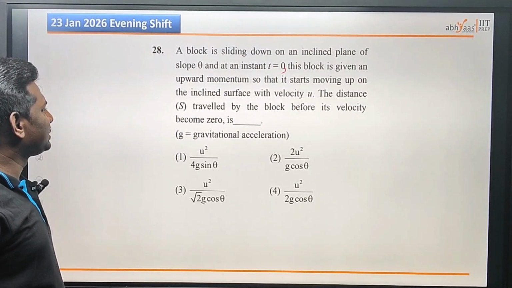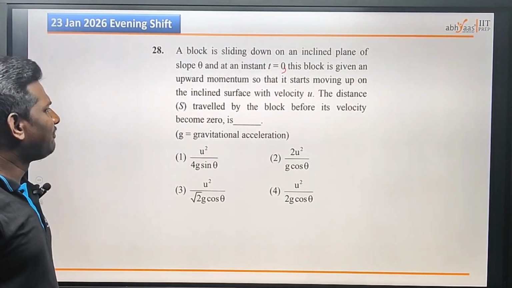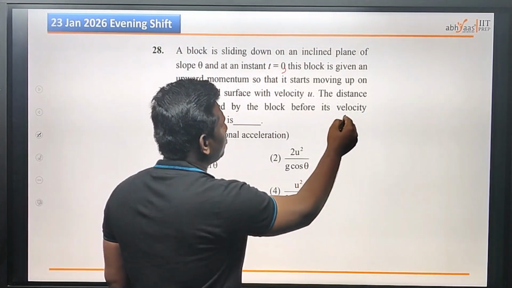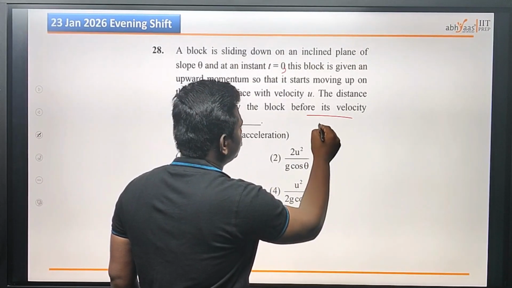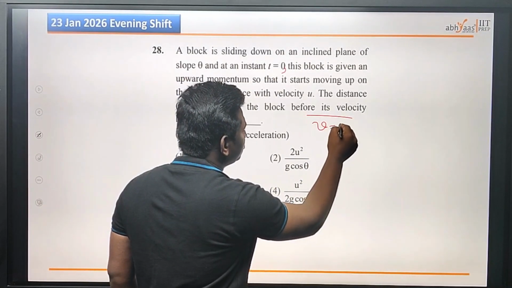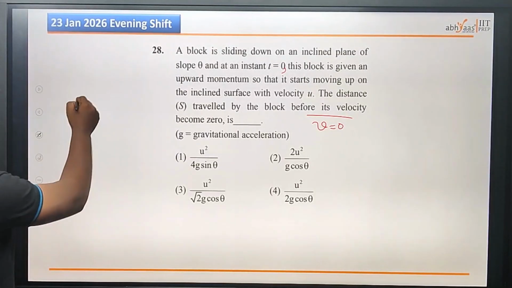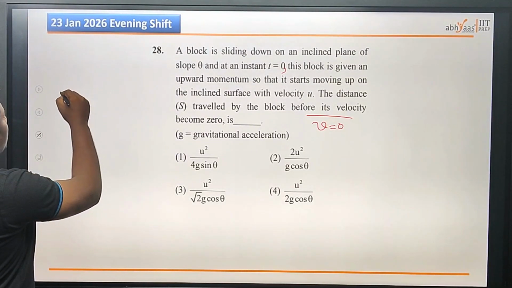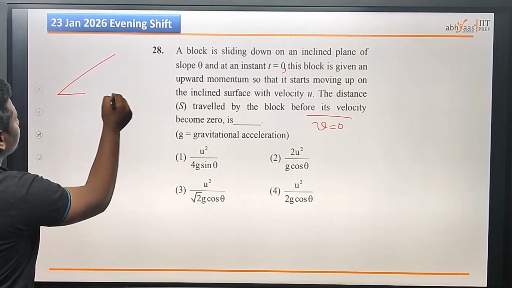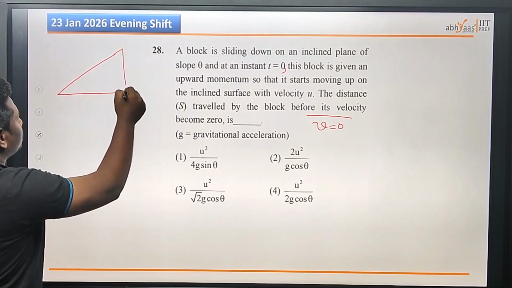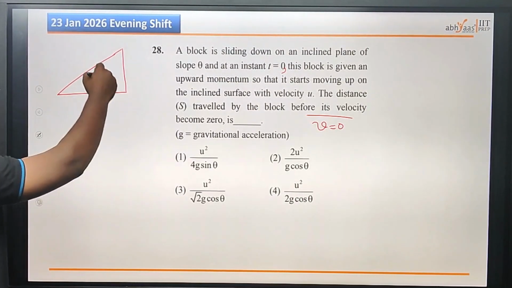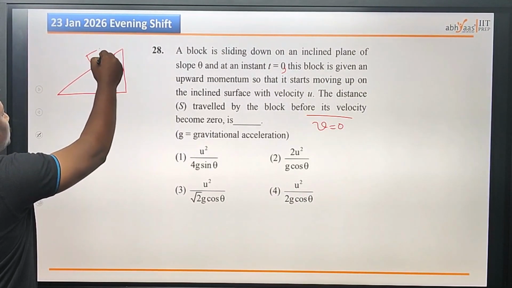The distance s traveled by the block before its velocity becomes 0, so final velocity is 0. Two cases are there. In the first case, we are having a block sliding down.